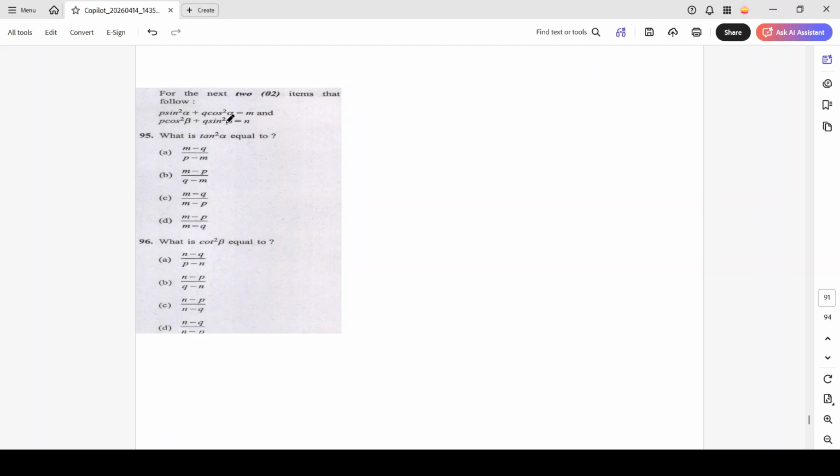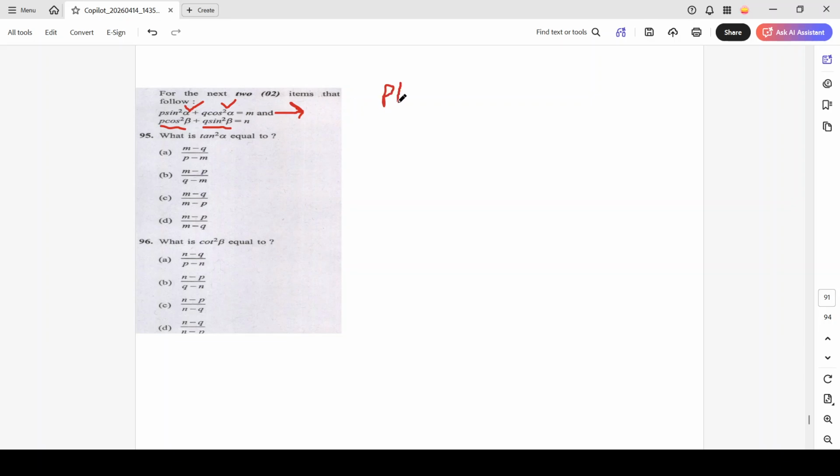P sin square alpha plus Q cos square alpha is equal to M. P cos square beta plus Q sin square beta is equal to N. So these are the two statements. What we have to do is take the value of either sin square alpha or cos square alpha. Clearly we have been given sin square alpha and cos square alpha. To convert them into a single one, just put sin square alpha is equal to 1 minus cos square alpha.